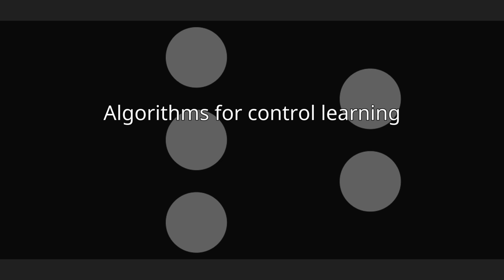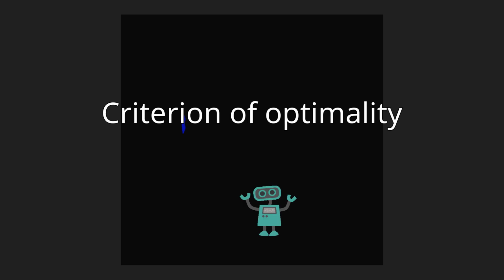Algorithms for control learning. Even if the issue of exploration is disregarded and even if the state was observable, assumed hereafter, the problem remains to use past experience to find out which actions lead to higher cumulative rewards. Criterion of optimality. Policy.